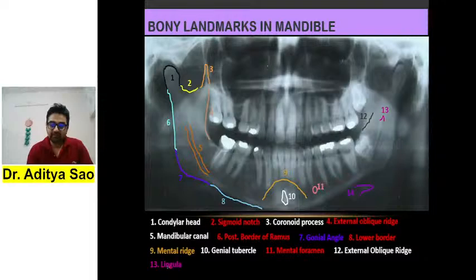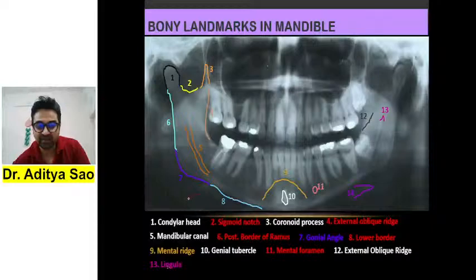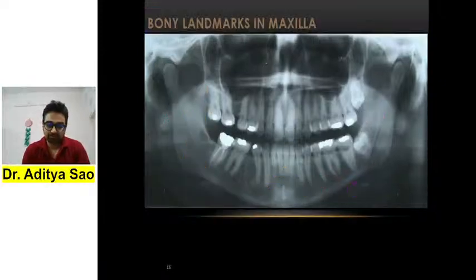Number 14, now it is not very clear because it is not a digital X-ray, but you will get a clearer X-ray in the exam. So number 14 is like a ghost image, so it will be seen somewhere here also. This is the hyoid bone.